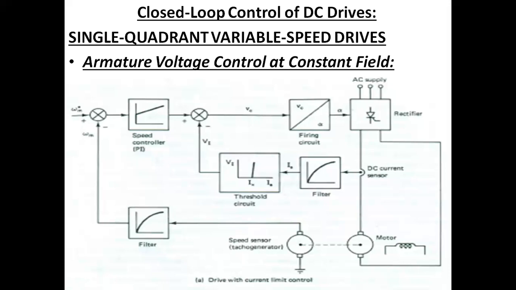And this mainly serves three purposes. First, it stabilizes the drive; second, it adjusts the damping ratio at a desired value; and third, it makes the steady state speed error close to zero by integral action, and it also filters the noise.